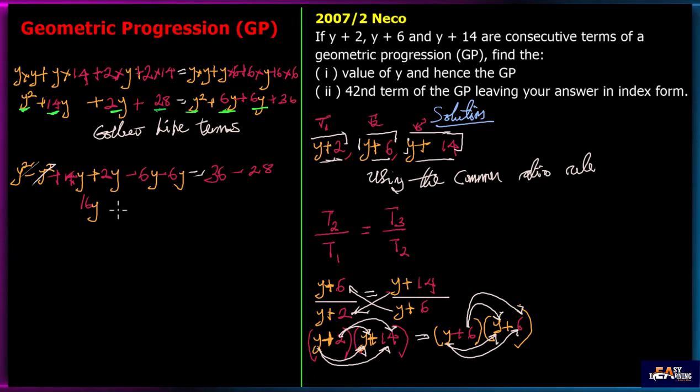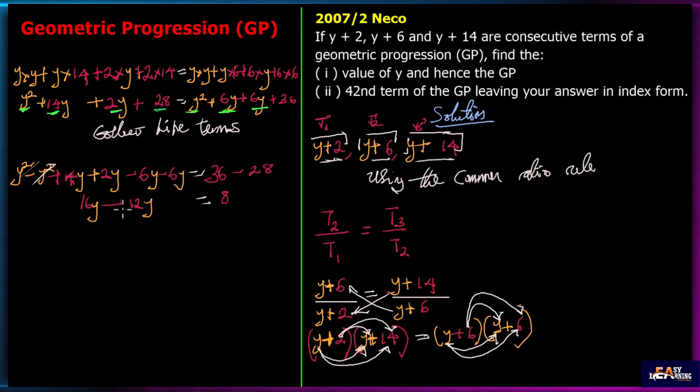Now we are talking about minus here, right? Now 6y minus 6y is the same thing as minus 12y. Okay, we can say equal to, now 36 minus 28 is going to give us 8.